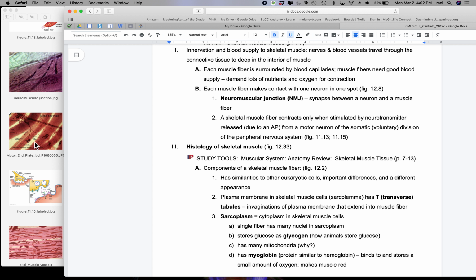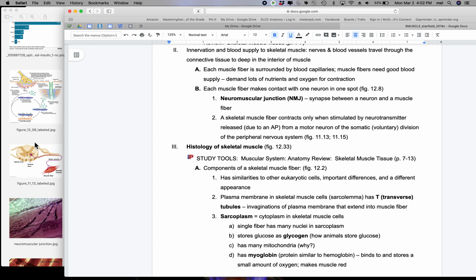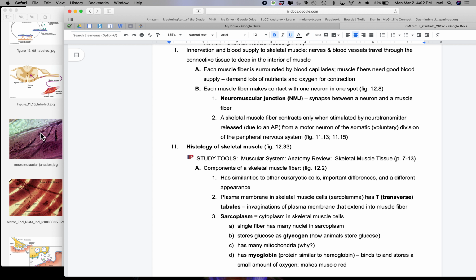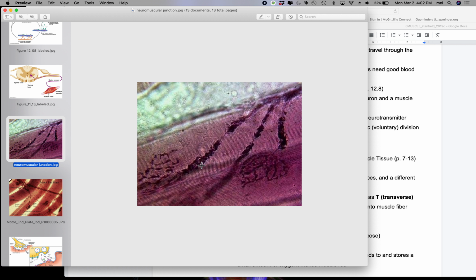Second, skeletal muscle is highly innervated. What do I mean by innervated? I mean that every single skeletal muscle fiber has to have a direct synaptic connection with the nervous system. So the nervous system has to tell every single skeletal muscle fiber what to do. That is different than cardiac muscle because cardiac muscle not only can spontaneously generate contractions, but the cells can also talk to one another.